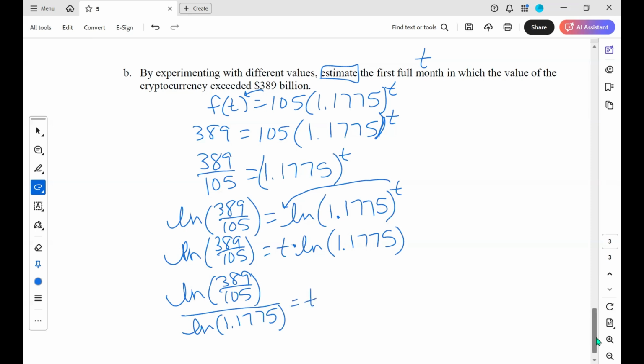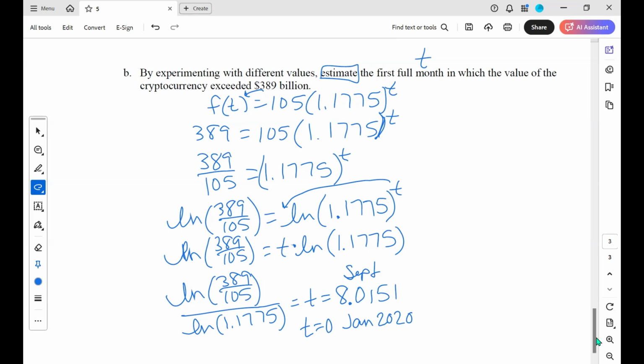So when we plug that into our calculator, again, watch those parentheses, you end up with 8.0151. I know up above it said 3 decimal places, but it's probably best to go 4 decimal places just because of my math lab. All right, so we know that t equals 0 corresponds to January 2020. So if we count this out, 1 is February, 2 is March, and we continue on. 8 is actually September.